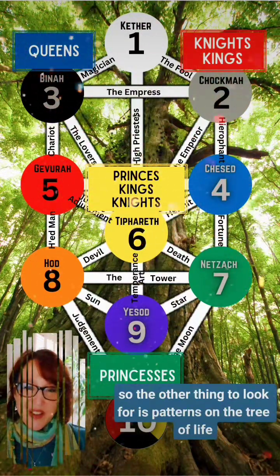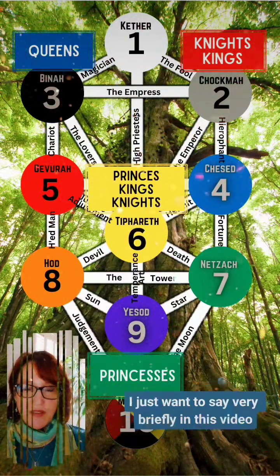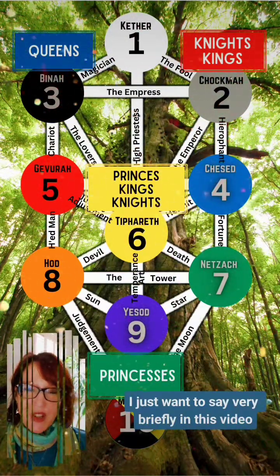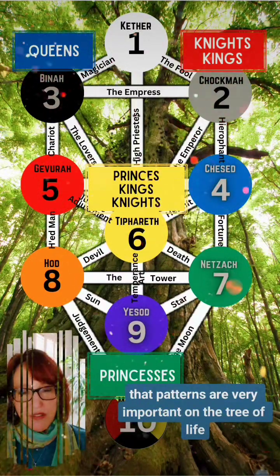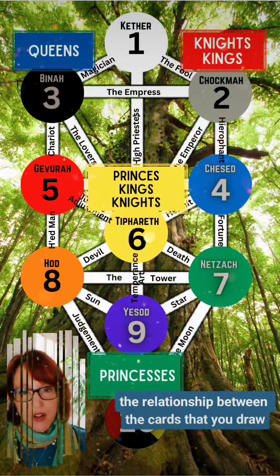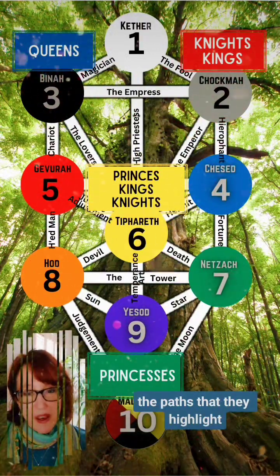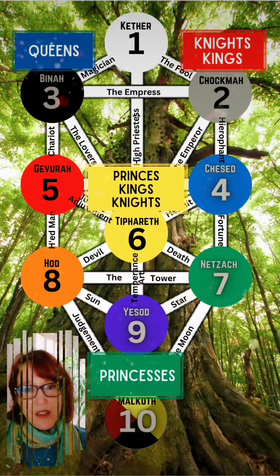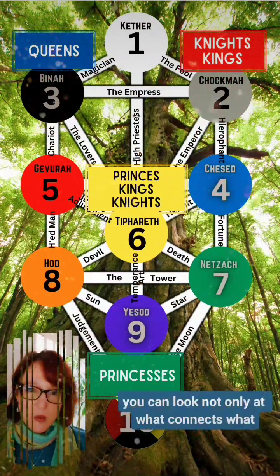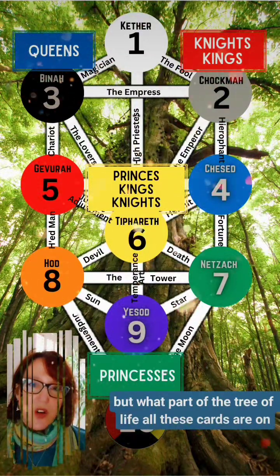The other thing to look for is patterns on the Tree of Life. I just want to say very briefly in this video that patterns are very important on the Tree of Life. Look at the relationship between the cards that you draw and the Sephira and paths that they highlight. You can look not only at what connects what, but what part of the Tree of Life all these cards are on.